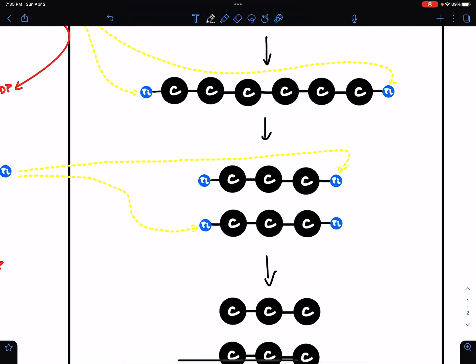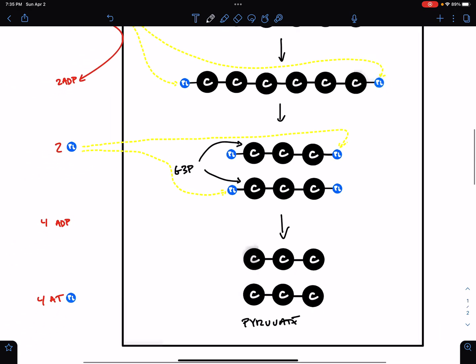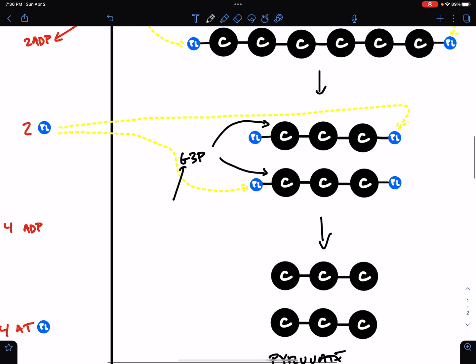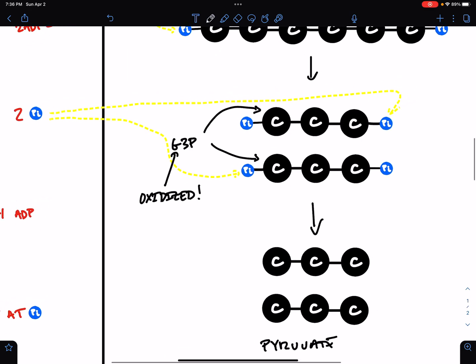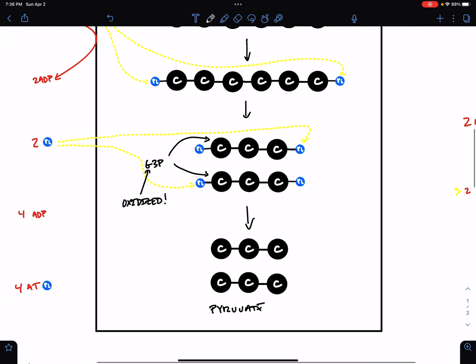These 3-carbon molecules are called G3P. And now G3P is going to be oxidized in this process. This means it's going to lose electrons.